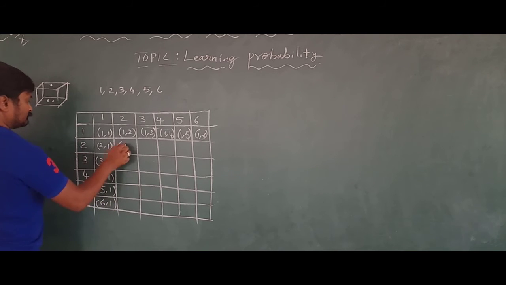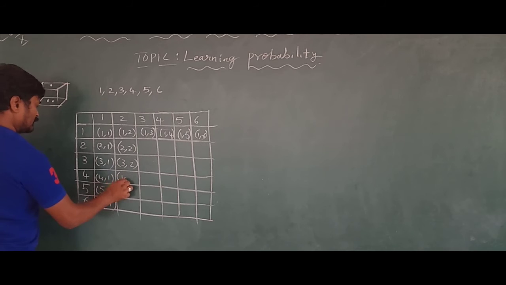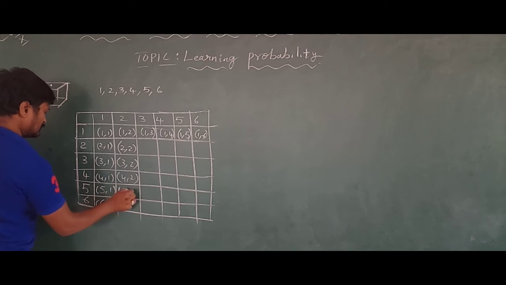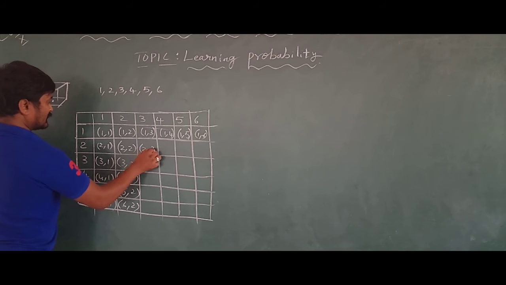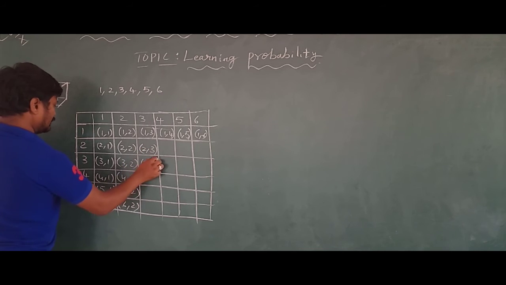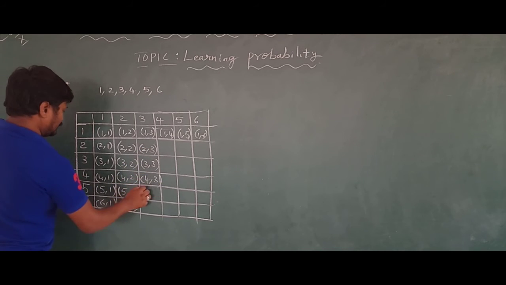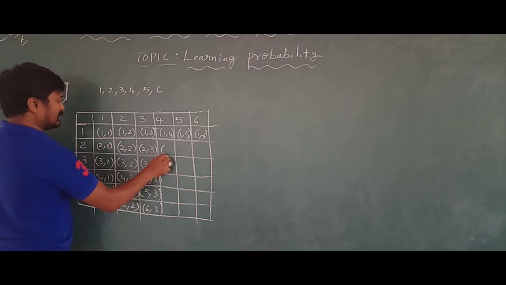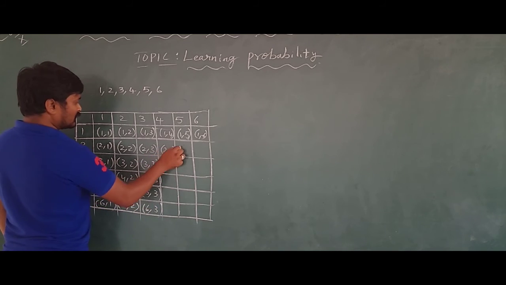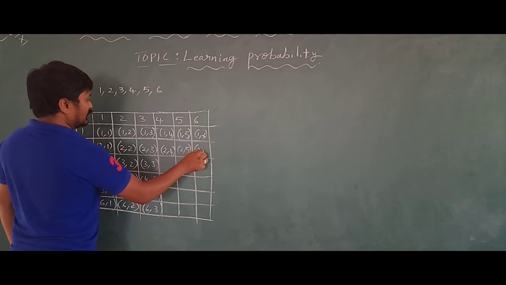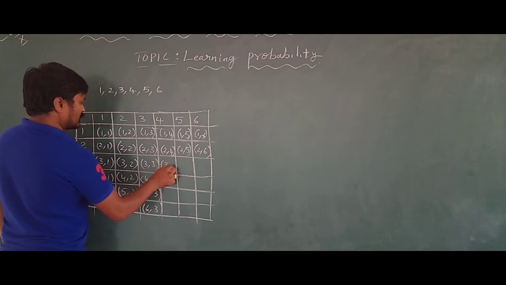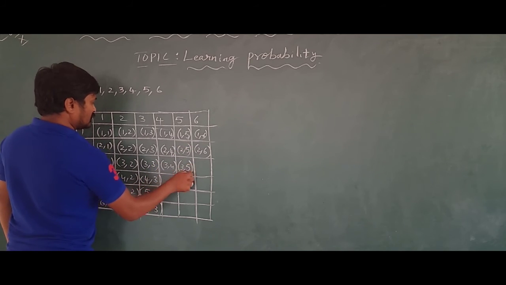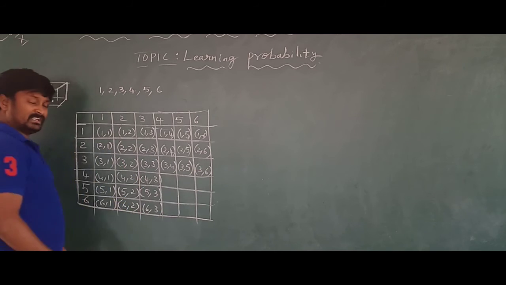And here we write 2,2; 3,2; 4,2; 5,2; 6,2. Next, 2,3; 3,3; 4,3; 5,3; 6,3. Then 2,4; 2,5; 2,6. Next 3,4; 3,5; 3,6.